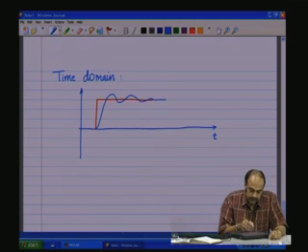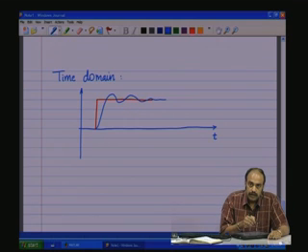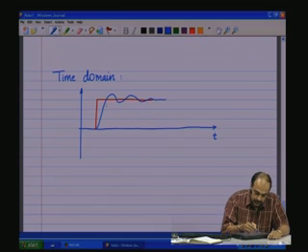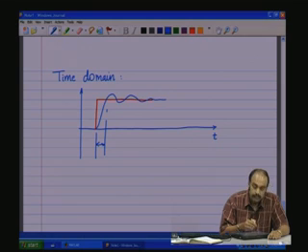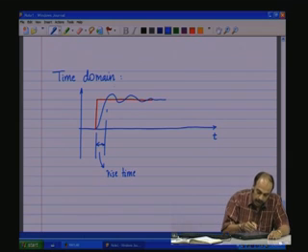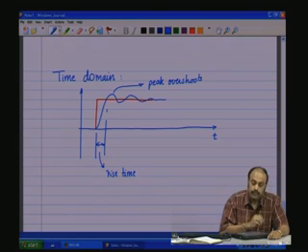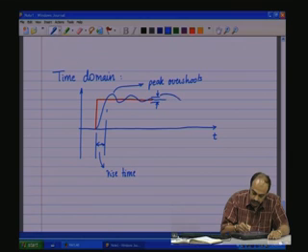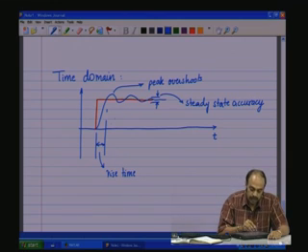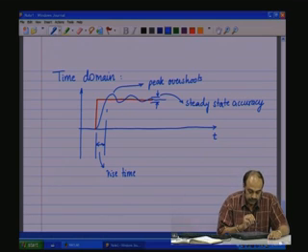So, these are the issues that we can see, the characteristics of the waveform in the time domain, like the rise time, or what is the peak overshoot, or what is the steady state accuracy, or the settling time, how long the response of the system takes to settle down after the step has been initiated, things like this.